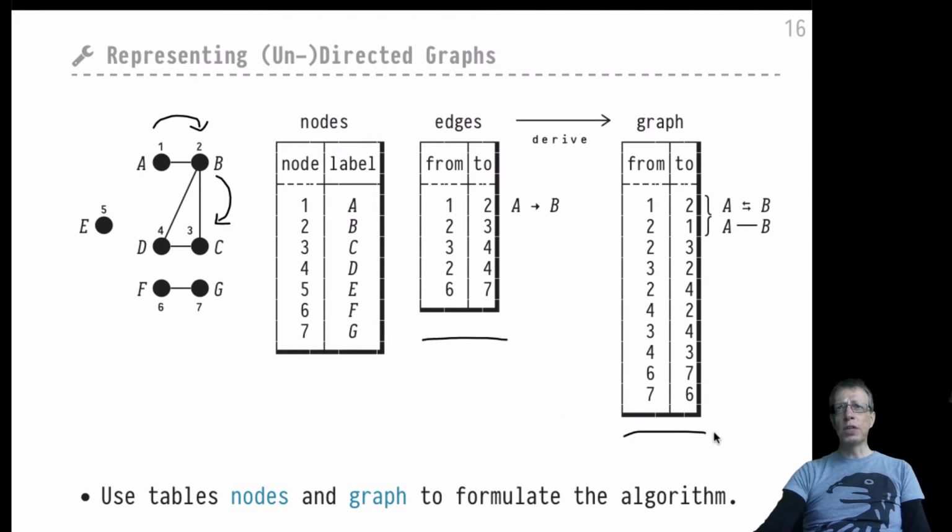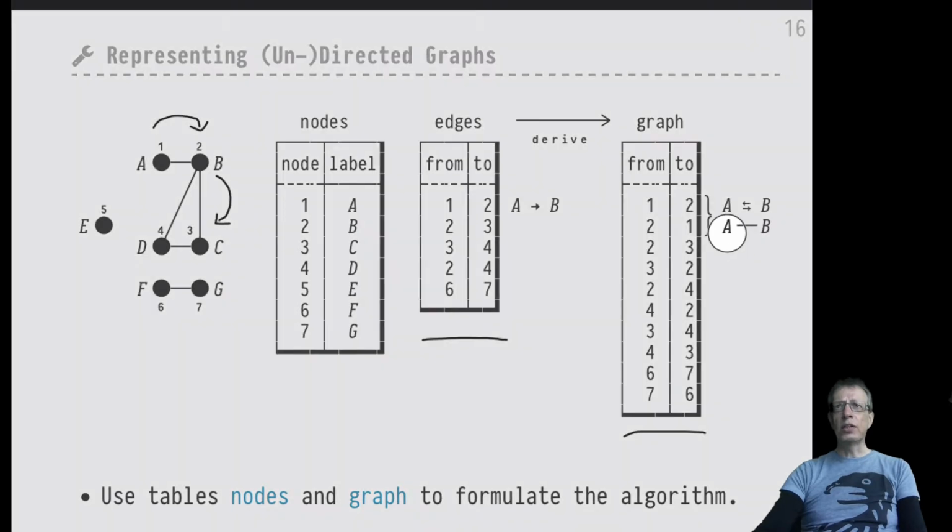Well, there's many representations, but for the coming minutes, let's work with this representation in which we represent an undirected edge between 2 nodes A and B by 2 directed edges from node A to B and from B to A. Right. So this doubles the number of rows.